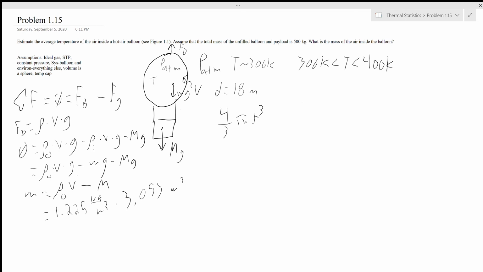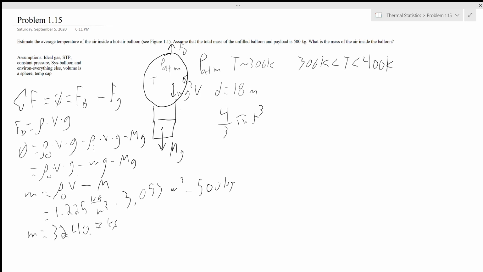This is the volume, minus that 500 kilograms, which gives you the mass of the inside air as 3,240.7 kilograms.